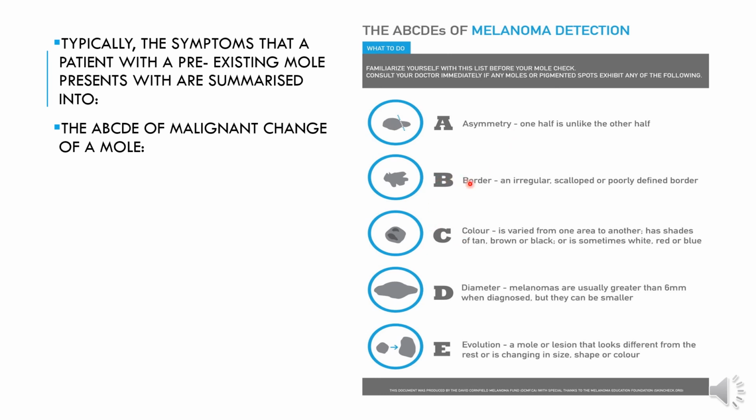B stands for border, an irregular border which is poorly defined. C is for color. The color is varied from one area to another, that has a variegated appearance. D is for diameter, an increase in diameter of the mole. While E is for evolution, a change in size, shape, or color of the mole.